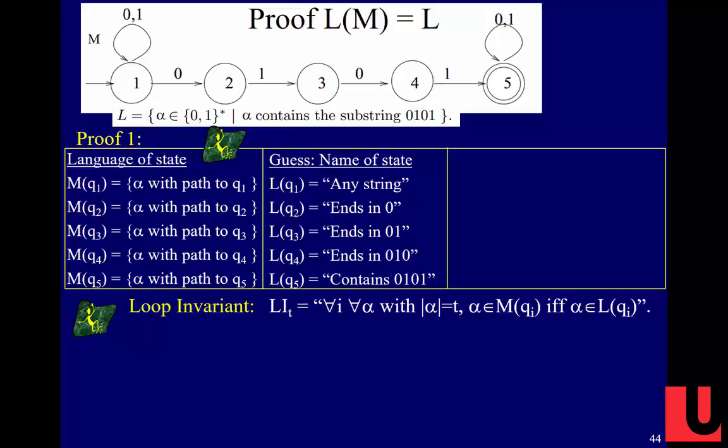This could be our induction hypothesis for T. Our induction hypothesis is that we have the right answer for all strings of length T. So given T, we want to say for every state, it doesn't matter which state you're talking about, for any string alpha that has length T, because we're only considering alphas of length T, then that string alpha has a path in M to that state if and only if it has the property for that state. Everybody get what we're trying to prove?